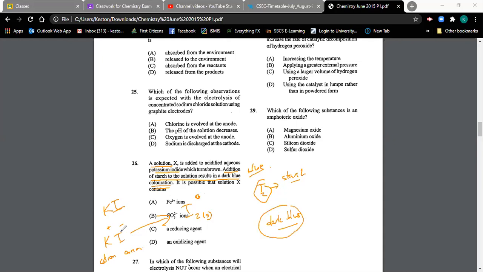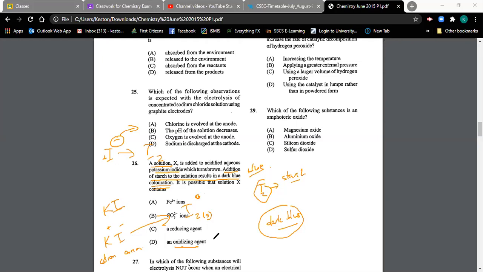So what I know is happening here, in order for the ion to go to I2, it needs to lose these electrons. If it loses these electrons, it means that somebody else is gaining them. Understand?